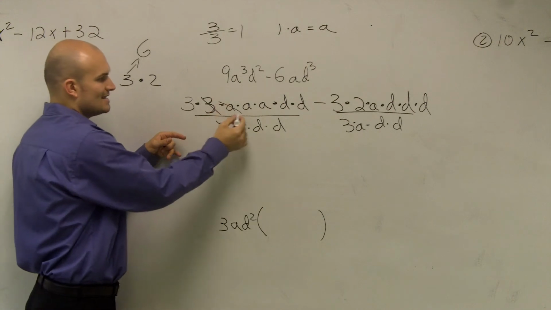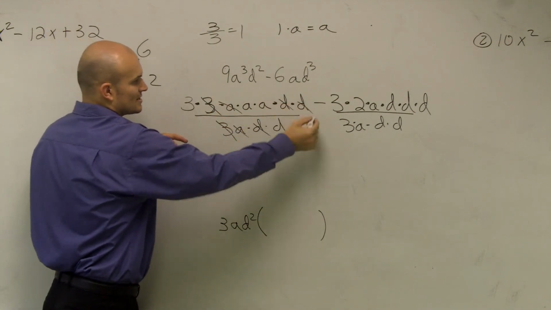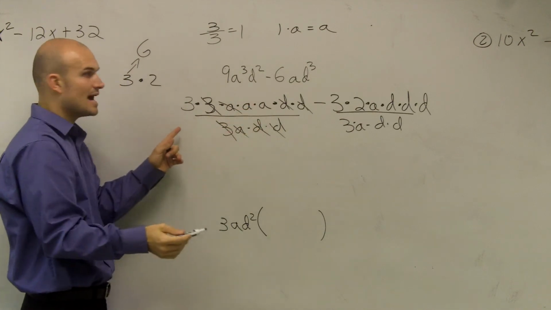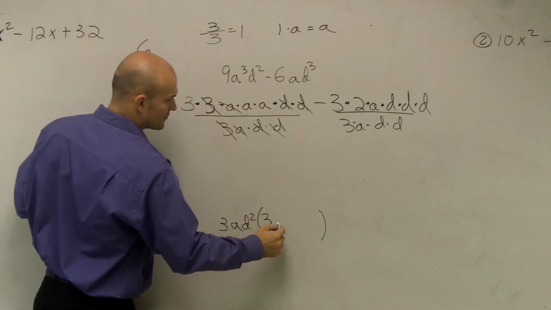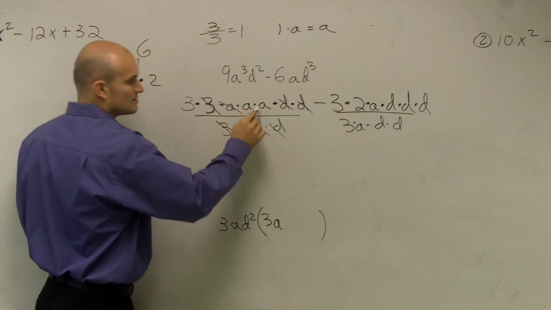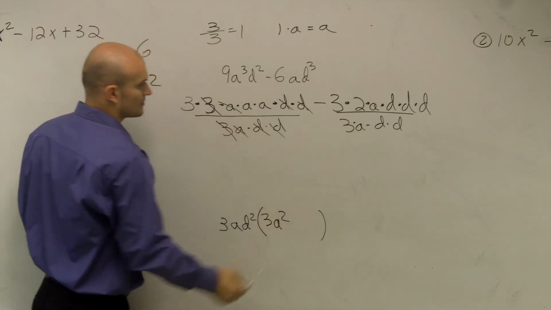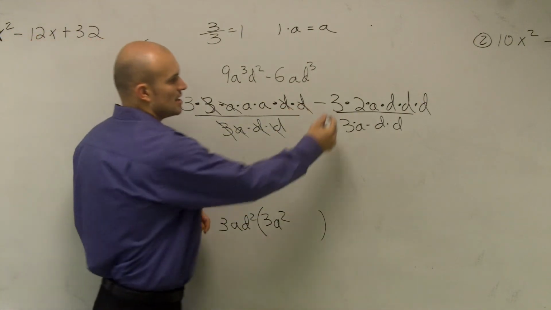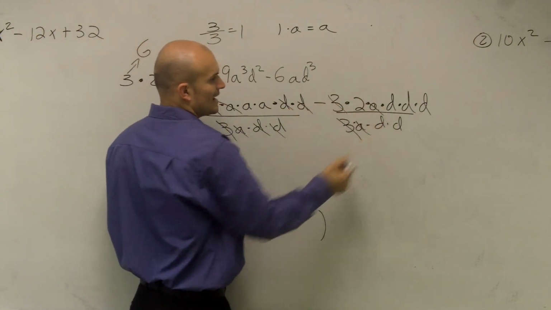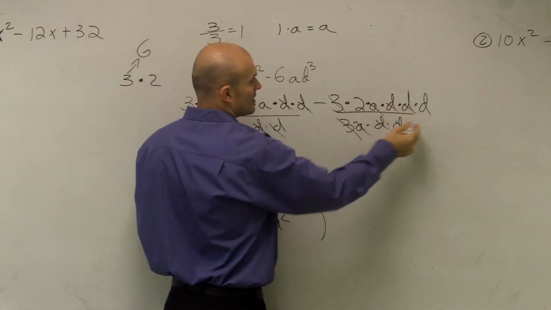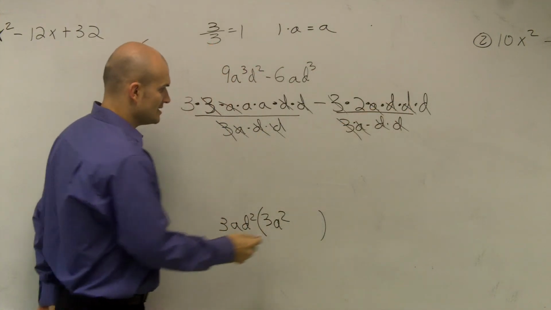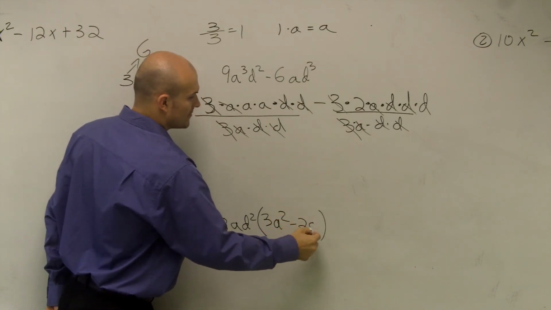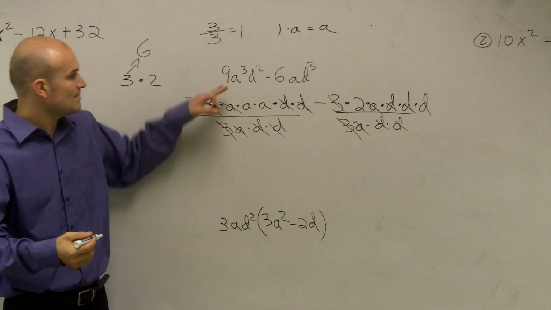The a's cancel out, the d's cancel out, and I'm only left with 3 times a, which is now in my resulting factor. 3a times a would be 3a squared. Then the next one: cancel out the 3's, the a's, the d's, and I'm left with just 2 times d. Minus 2d.